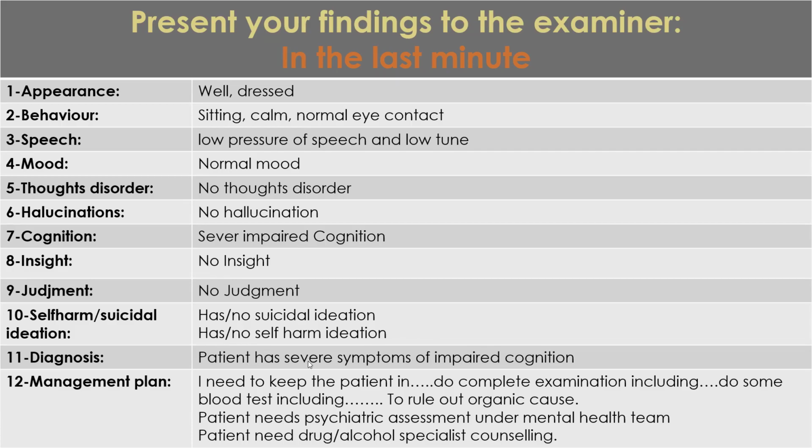The patient has severe symptoms of impaired cognition, so I need to keep the patient in the observation room to complete the physical examination from head to toe, do some blood tests including inflammatory markers, full blood count, infection screen, and I will do a urine test to rule out an organic cause. The patient needs a psychiatric assessment under the mental health team if an organic cause is ruled out.